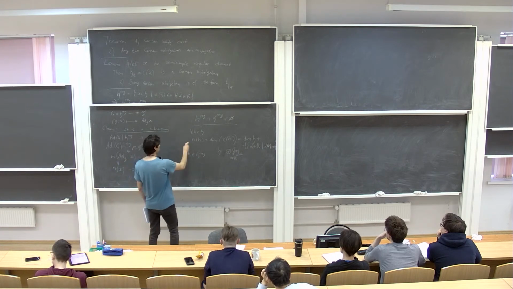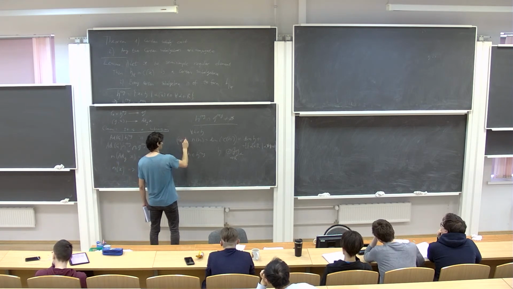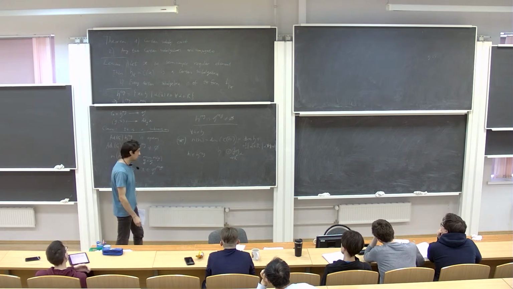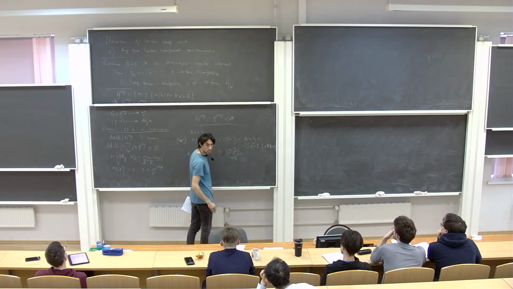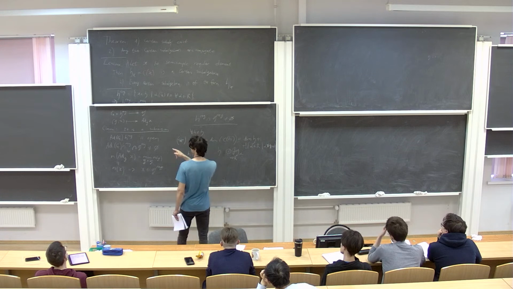So in particular, let me call this star. If I take H from H regular, this is 0. Right? Because that's how you define H regular.